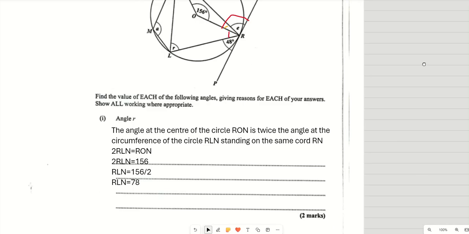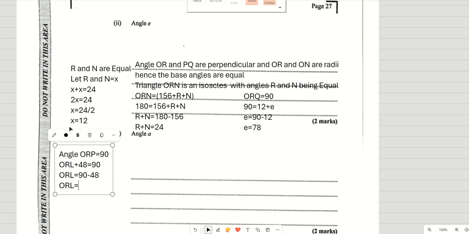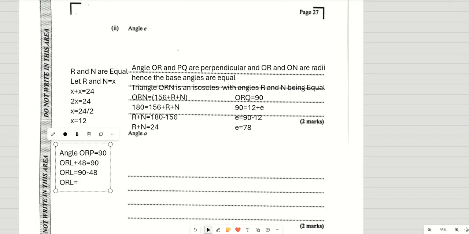ORL is the red angle. So ORL plus 48 is equal to 90. So ORL is equal to 90 minus 48. So ORL is equal to 42.